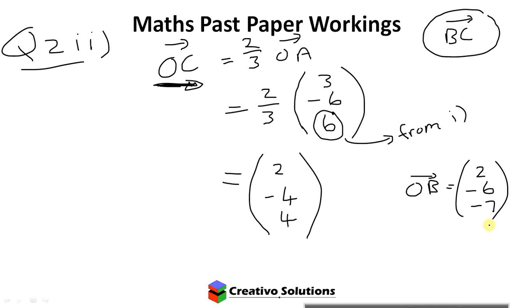Okay, so what do they want? BC, yes. BC on your diagram is C minus B. So in other words, this vector minus this vector.